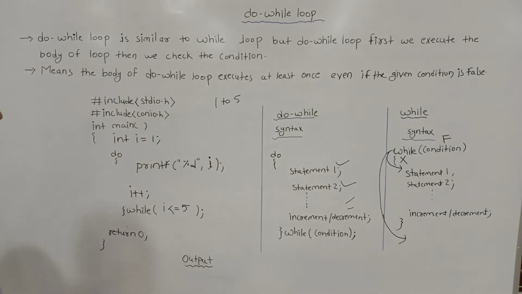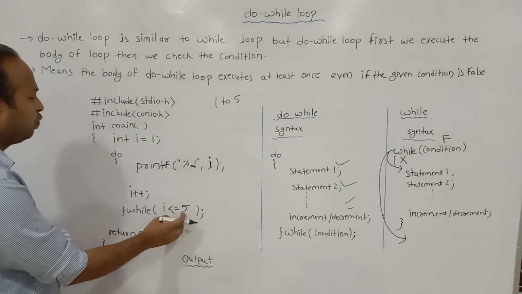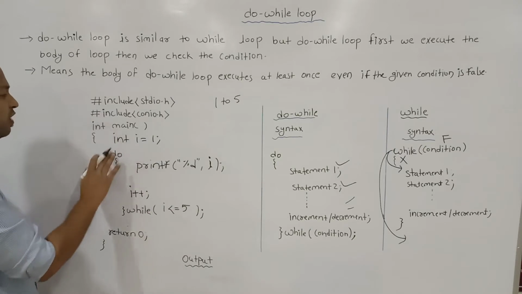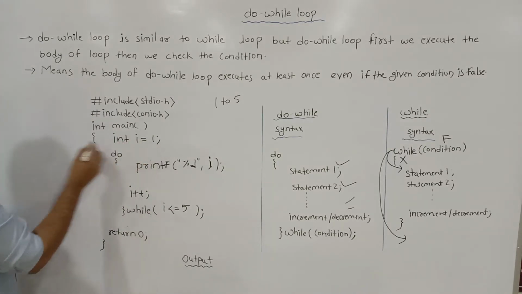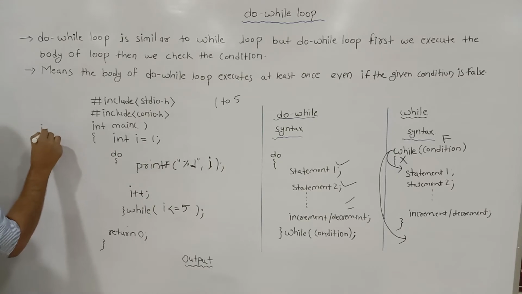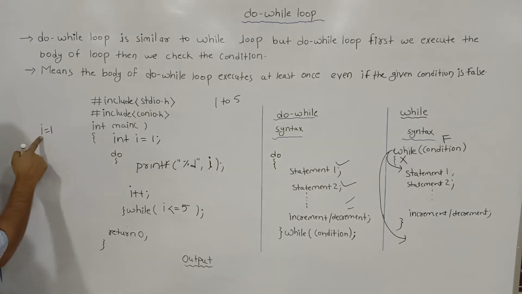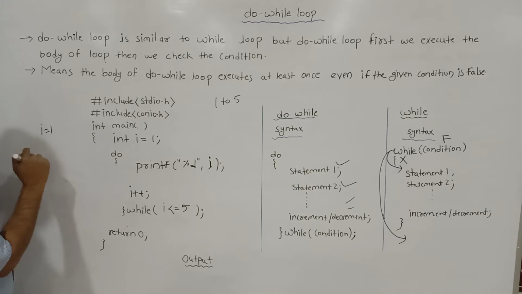Okay, we have written the condition i <= 5. When we run this program, first we declare one variable i and initialize the value of i with 1. So now the latest value of i is 1.